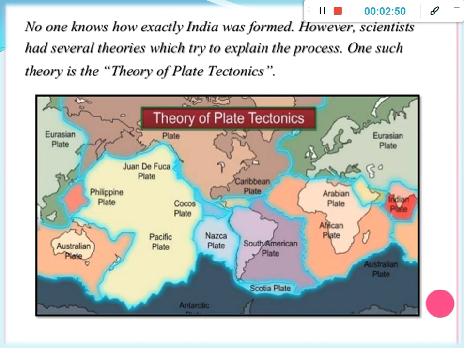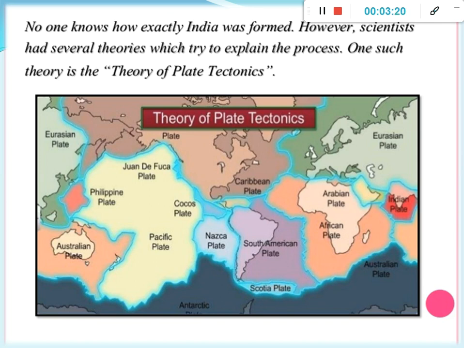There are seven continents we know, but these were joined with each other, and by the forces from Earth's inner side, the tectonic forces, they separated and then these continents were formed. According to the theory of tectonics, all the continents were joined, and there was only a single plate.